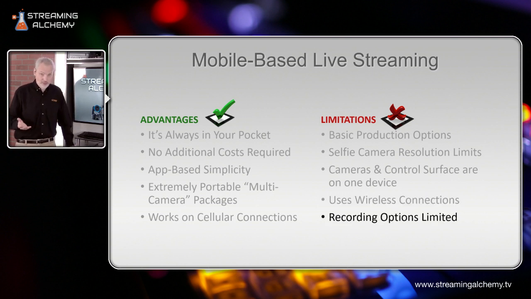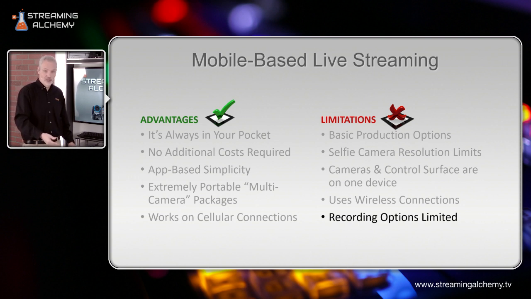And going along with that, you don't have local recording options typically in live streaming apps on mobile devices. So that means that when your stream is recorded, it's usually at the carrier, whether that's Facebook or YouTube, or another vendor you may be using. If you are streaming out there, you may have a recording captured there, but that recording is only going to be as good as the signal you get out through that whole transmission.